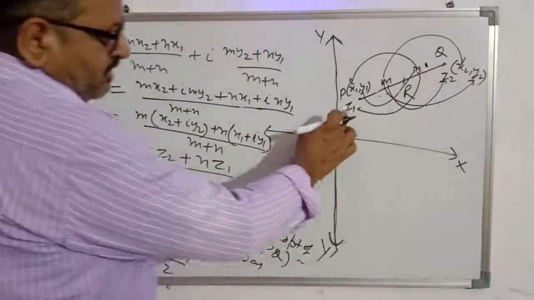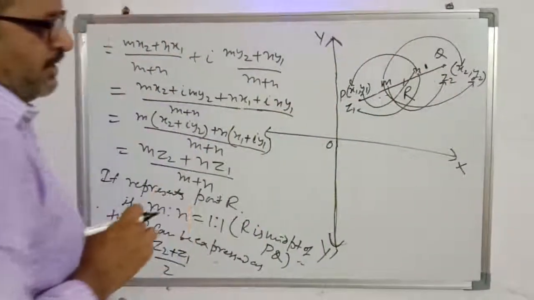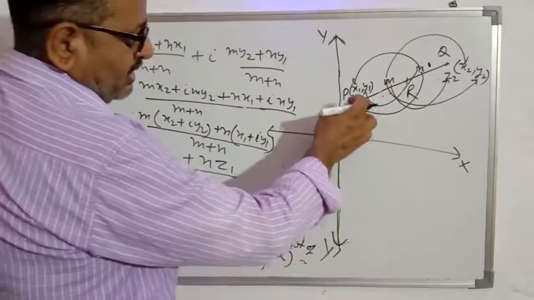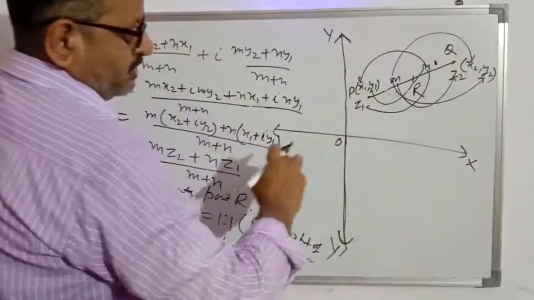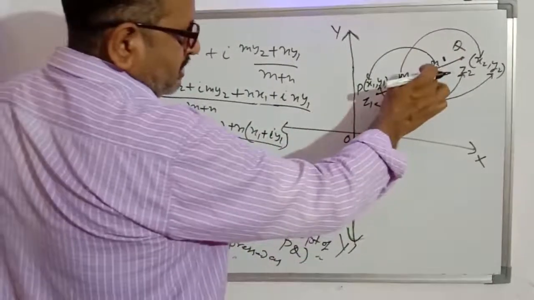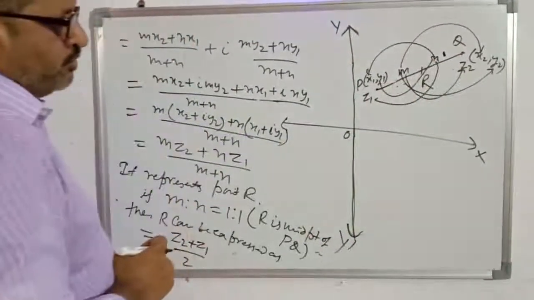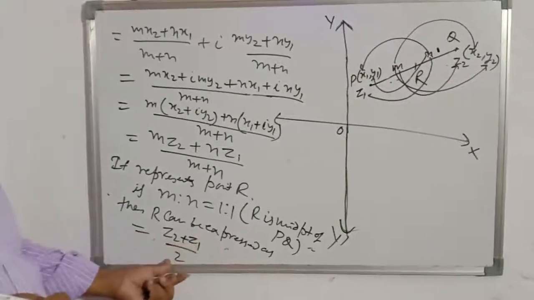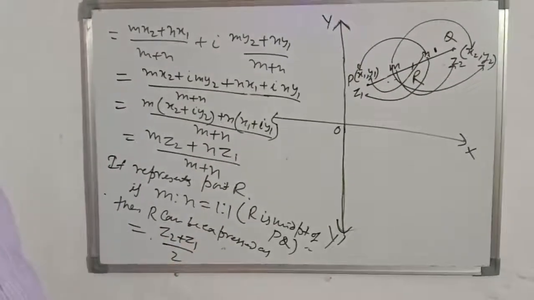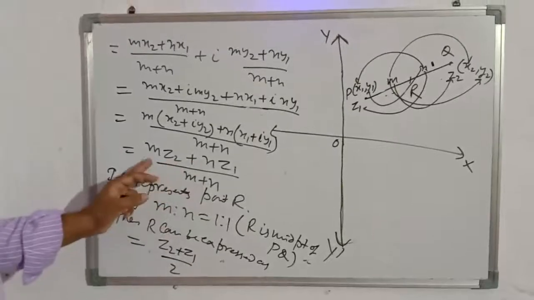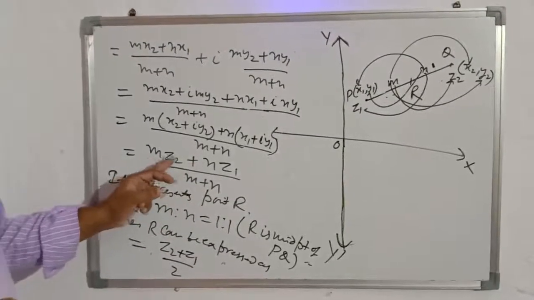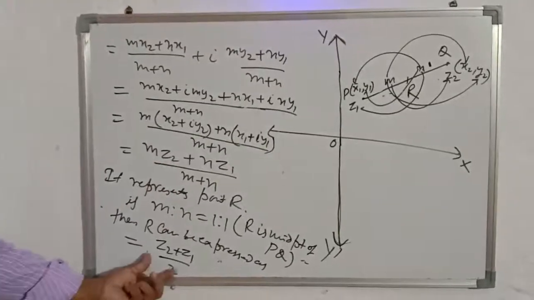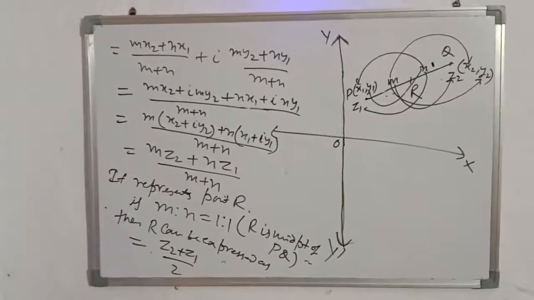So if Z1 and Z2 are complex numbers, the midpoint of the line segment PQ is Z2 plus Z1 by 2. And if a ratio is given, we use the section formula: m Z2 plus n Z1 upon m plus n.